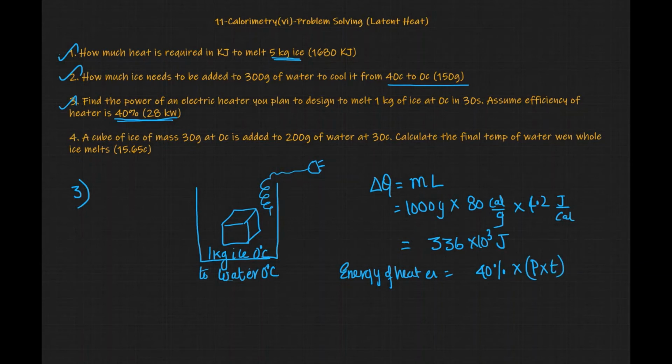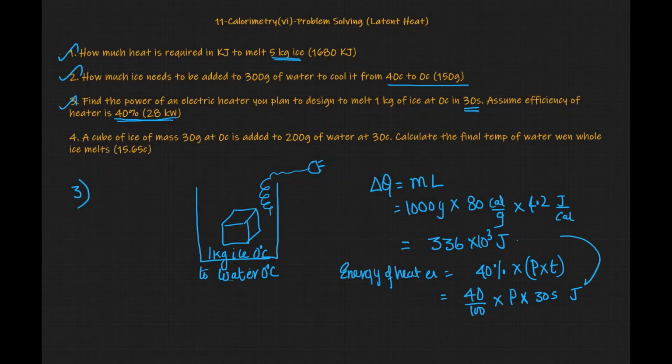So we don't know the power, but we know the time. We know that that needs to be happening in 30 seconds. So this is 40 by 100, which is 0.4 into power into time would be 30 seconds, joules. So energy given by heater is this much, energy required by ice is this much.